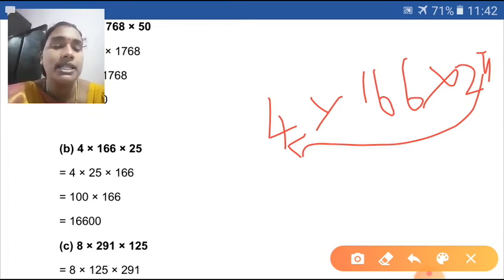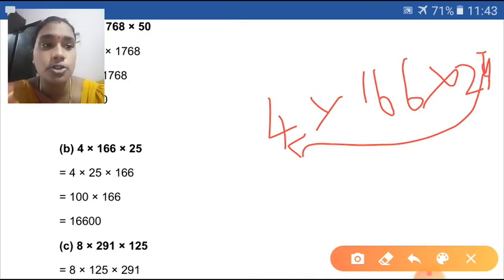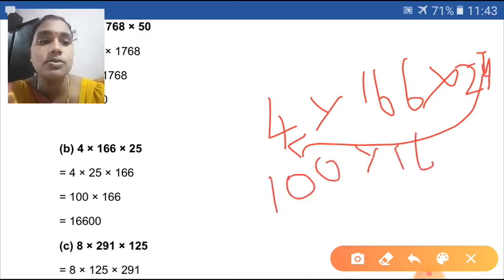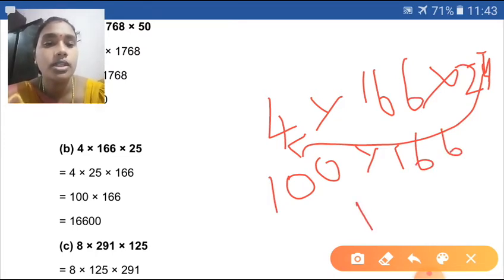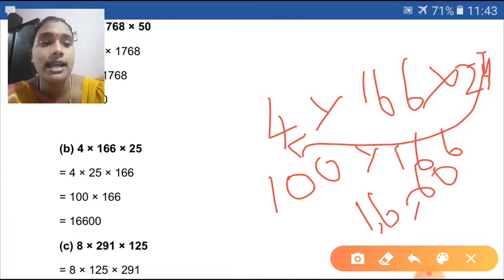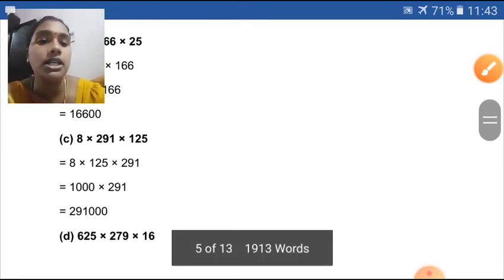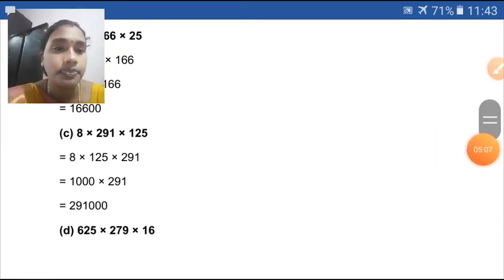So 100 into 166 will give you 16,600. So the answer will be 16,600. Children, similarly you have to do all the other sums.